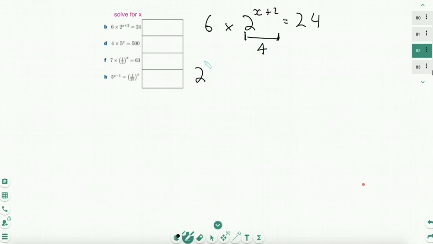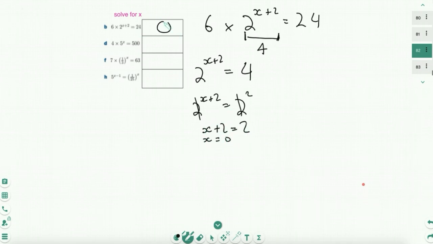So 2 to the power of x plus 2 must be 4. Our bases aren't the same, so let's find a common base. Our common base can be 2. So 2 to the power of x plus 2. 4 is the same as 2 to the power of 2. We can cancel out the common bases. x plus 2 is 2. Something plus 2 is 2. x is 0. That's our first one.